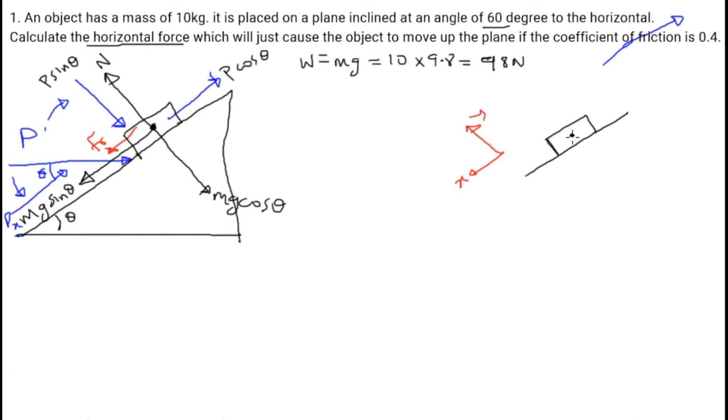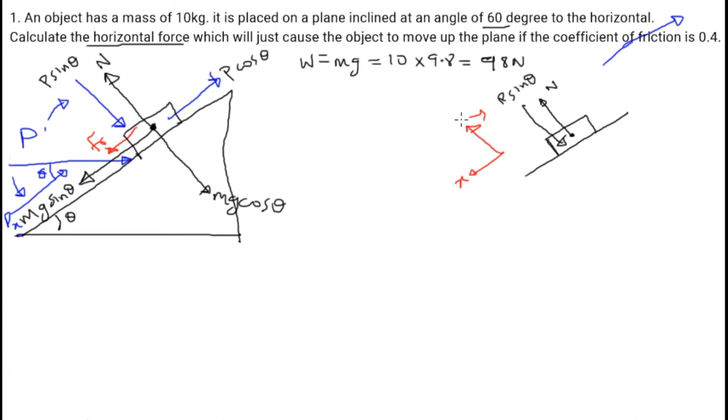Okay, so forces on the y-axis of the object, we have the normal reaction, and notice the arrow because it is a vector, and then we have p sine of theta.